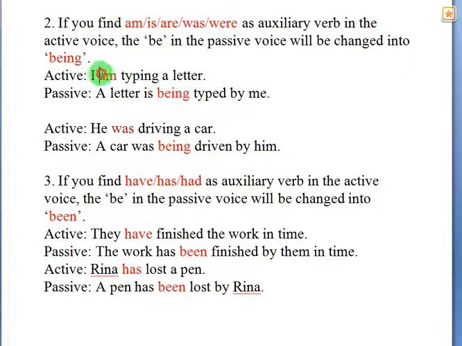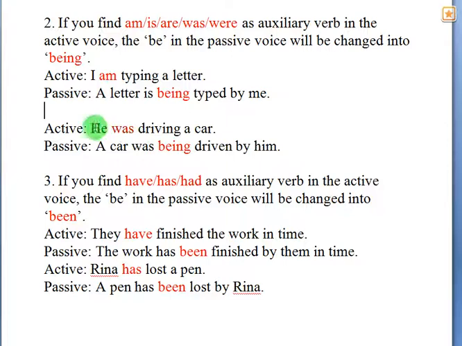The auxiliary verb will remain in the same place, and am, is, are will change as the subject demands. I am typing a letter, and the additional be verb will be changed into being. A letter is being typed by me.